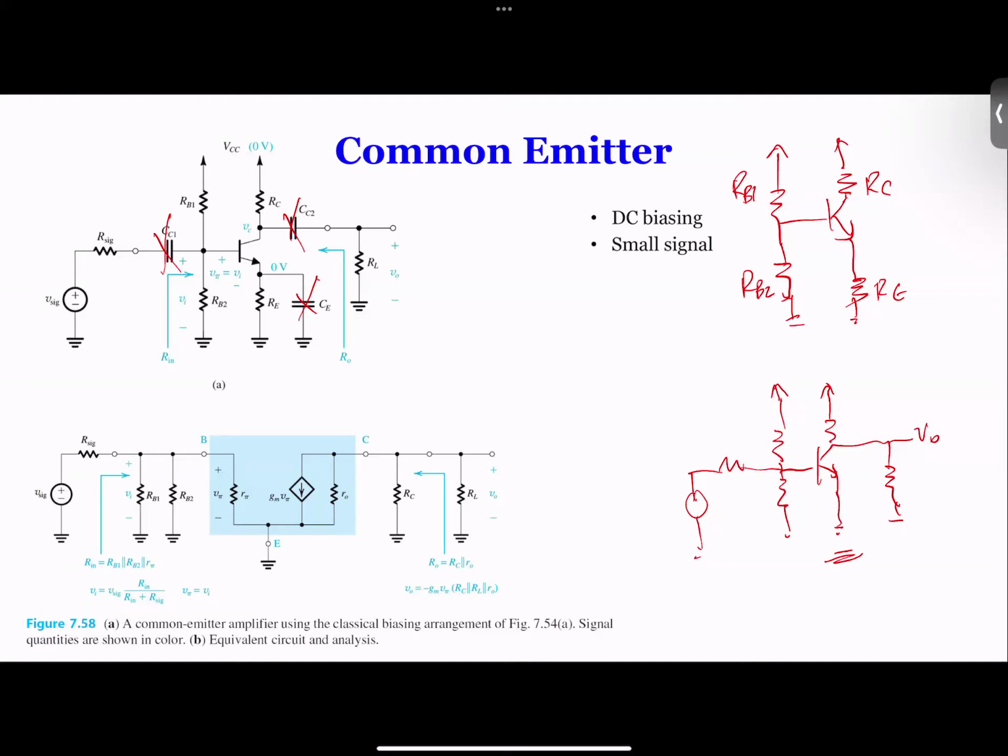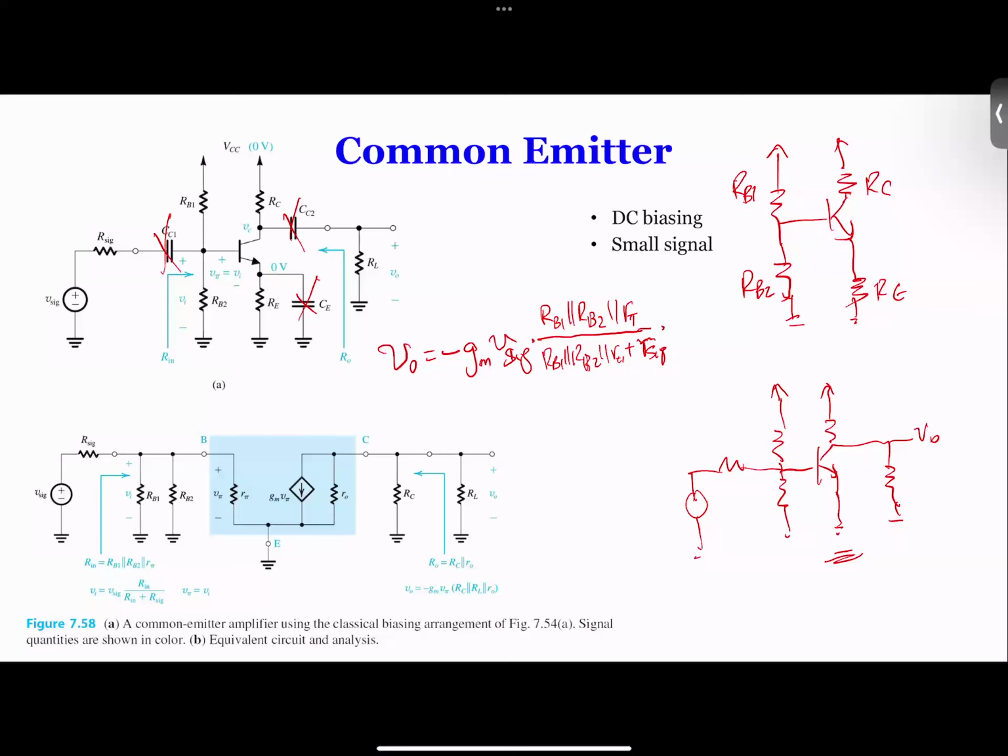So we can basically find the output now to have VO calculated as, again, minus sign, don't forget, and then don't forget GM. And then on top here we're going to have RB1 in parallel with RB2 in parallel with R-pi, and then divided by the same RB1 parallel with RB2 parallel with R-pi plus R signal.